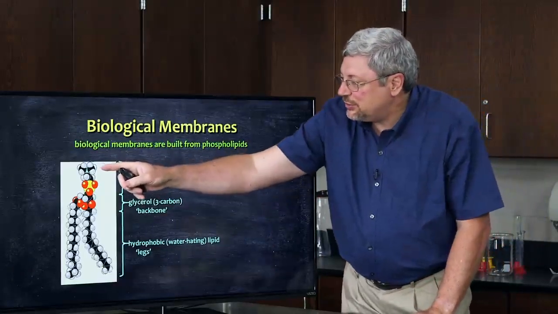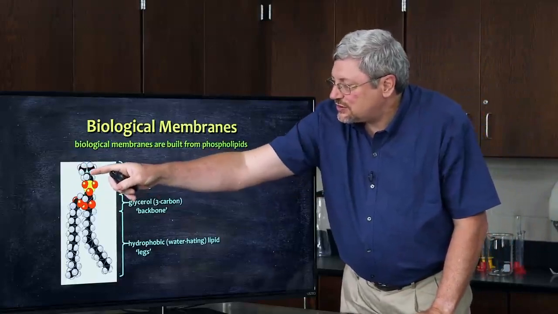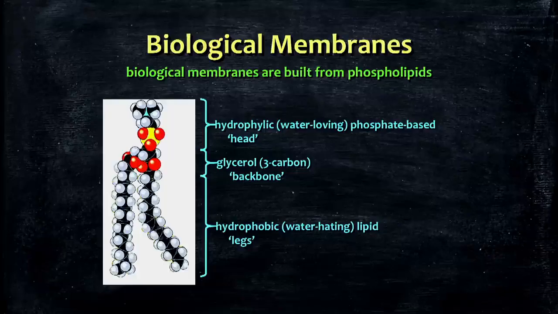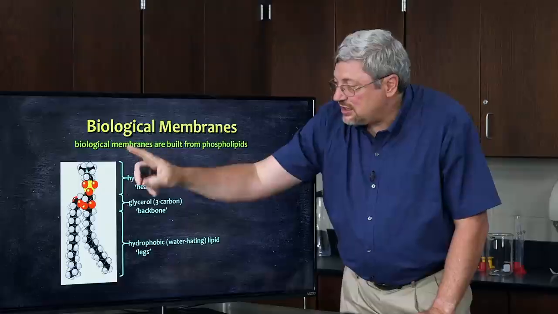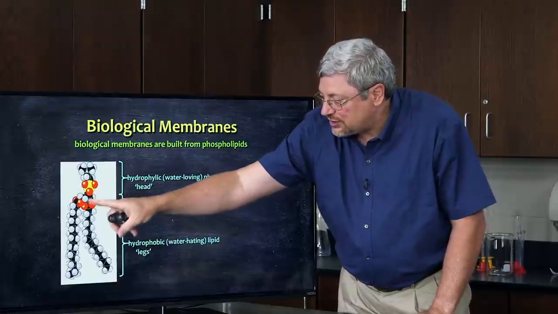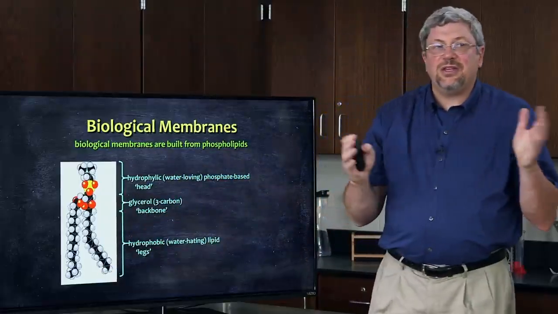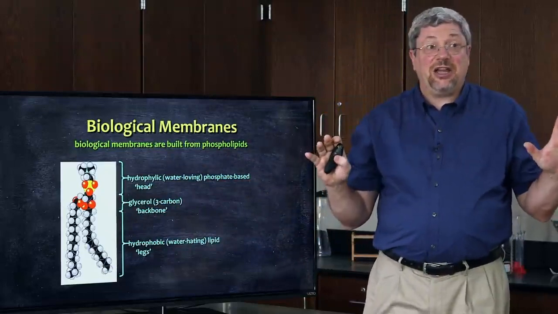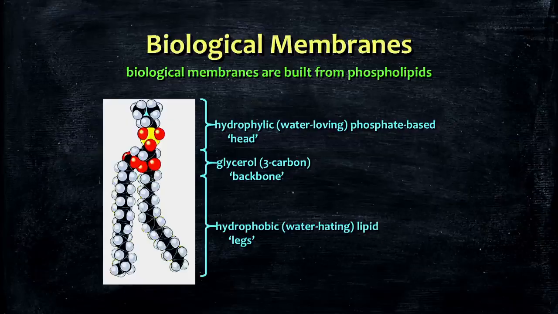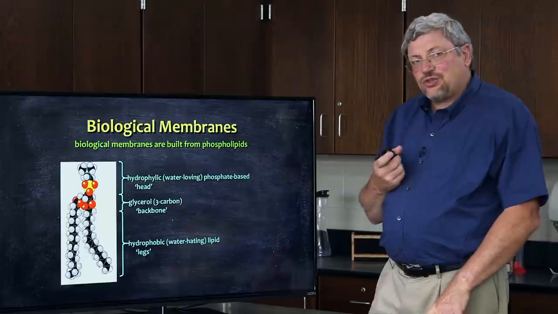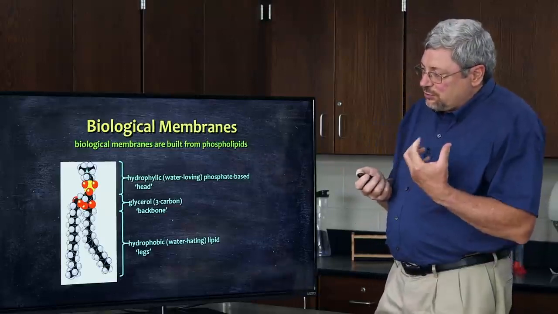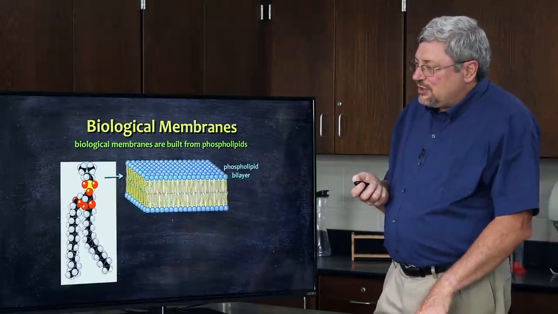This end of the molecule has some electrical charges. This end of the molecule, therefore, likes water. It's hydrophilic. It attaches to water, water attaches to it. The other end of the molecule, however, with these long legs, this part does not like water. It's hydrophobic. It doesn't have any charges. It tries to get away from water if it can. That design, that structure, results in a very interesting consequence.